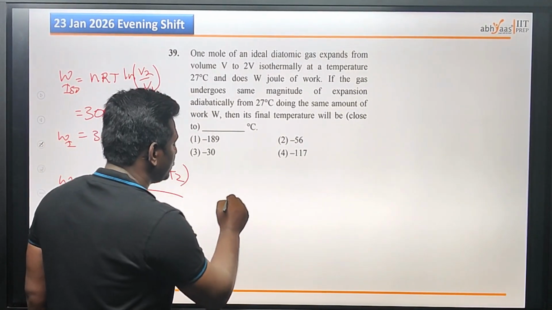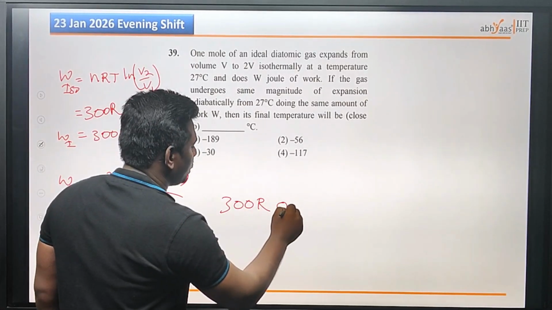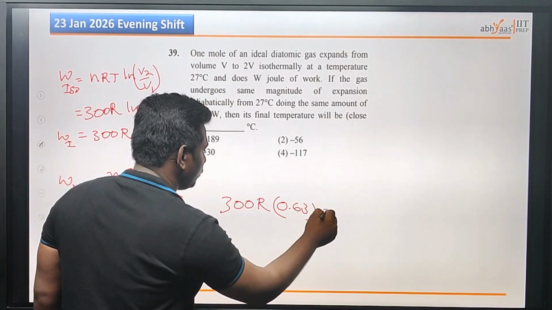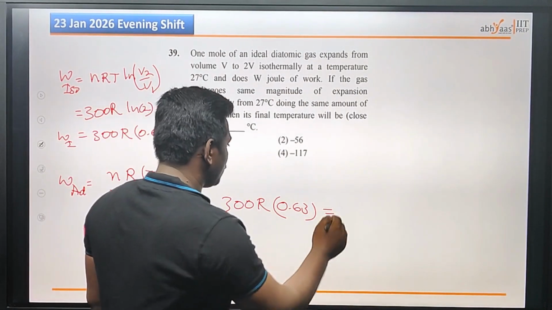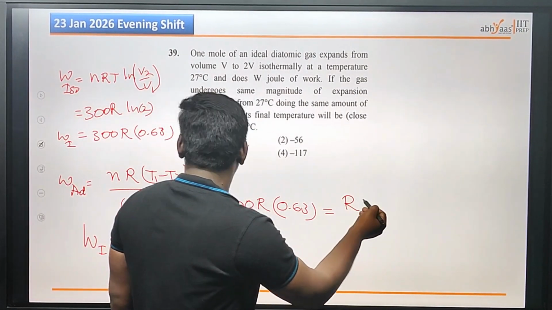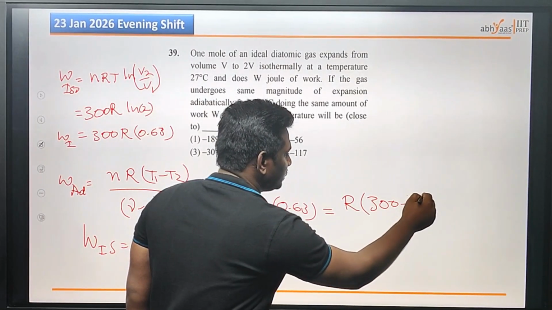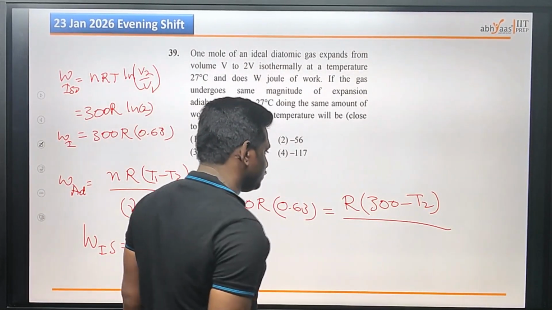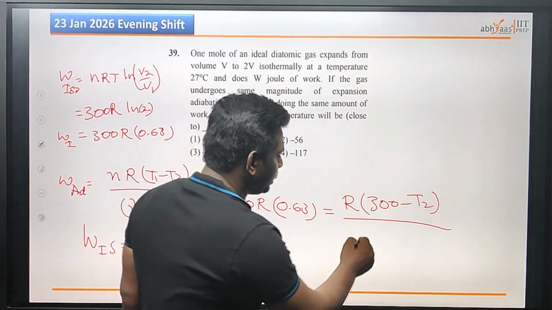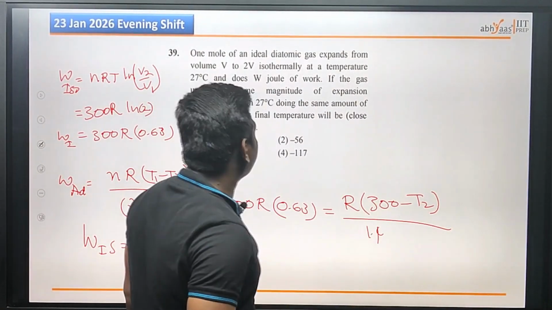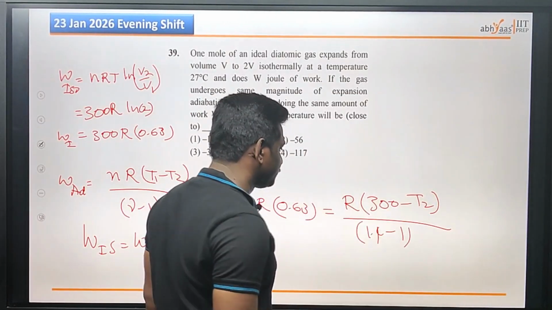I am writing here 300 R into 0.63 equals nR (T1 minus T2). n is 1, I am not writing n. T1 is 300, T final is T2. You have to find T2, divided by gamma, which is 1.4 in the case of a diatomic gas, minus 1.